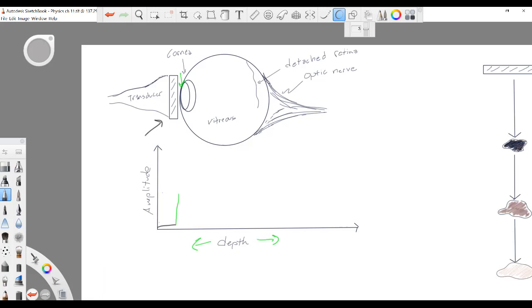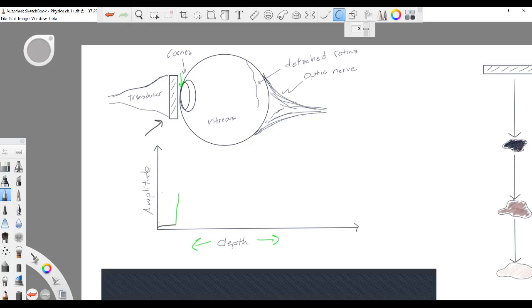So let's say the very first spike that this transducer sees is the eyelid. Actually, your eyelid is closed when these are done, because the ultrasound goes straight through the eyelid without a problem. So let's say this is the eyelid, and then there's a little bit of a downward spike, and right after the eyelid, of course, we hit the eyeball itself.